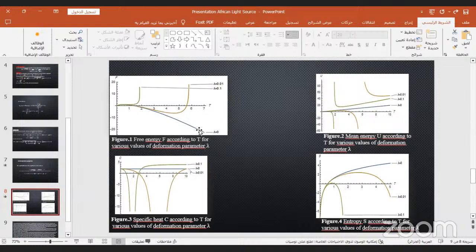The blue one shows the ordinary case, while the green and the red ones are of the deformed case, and we can remark that there is an effect of the deformation on these graphs of all the thermodynamic properties.